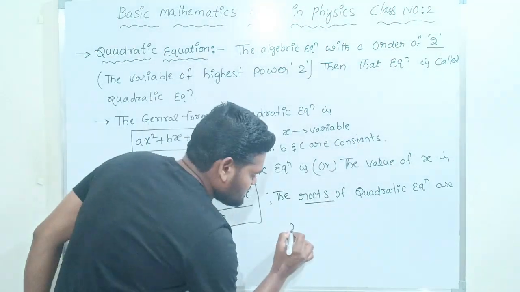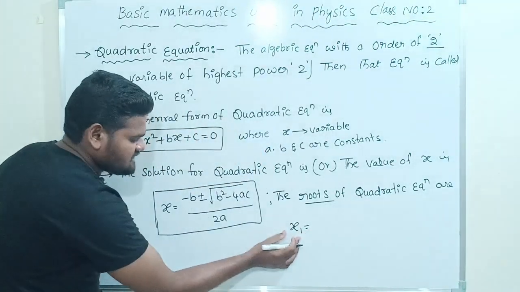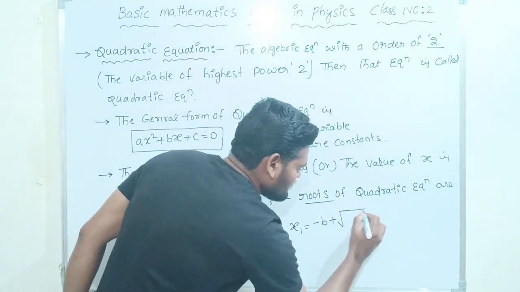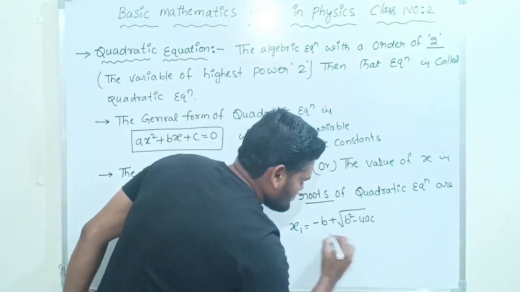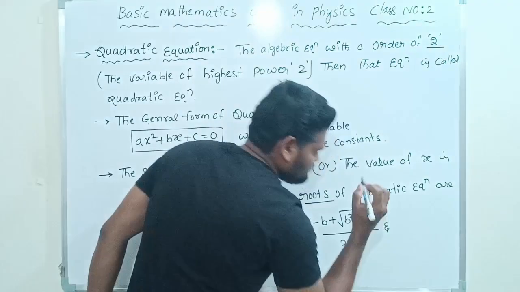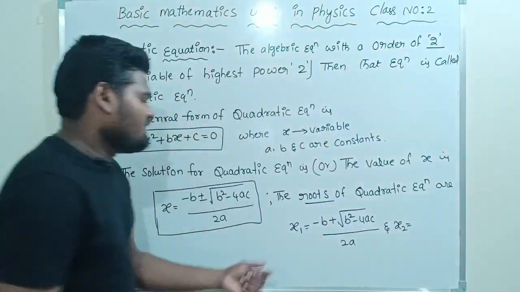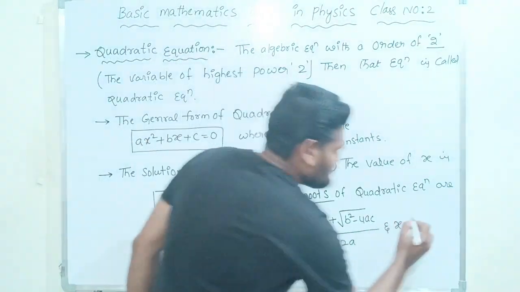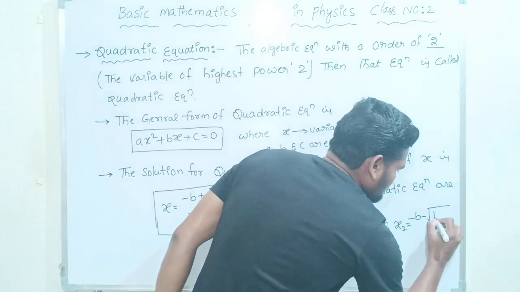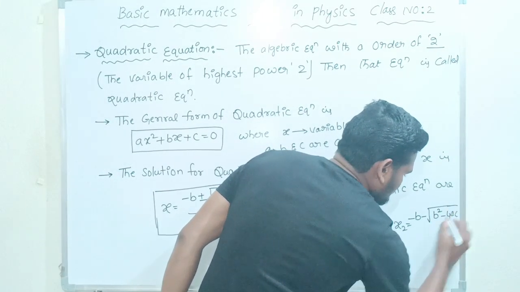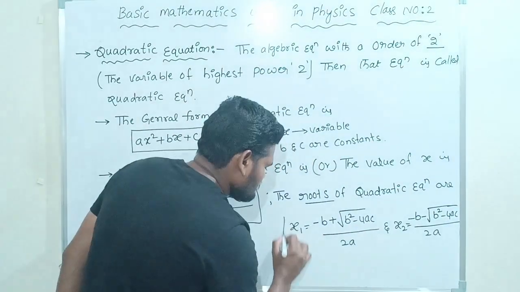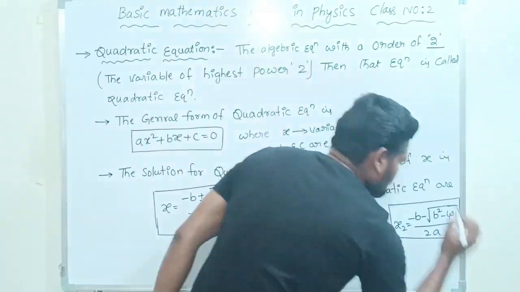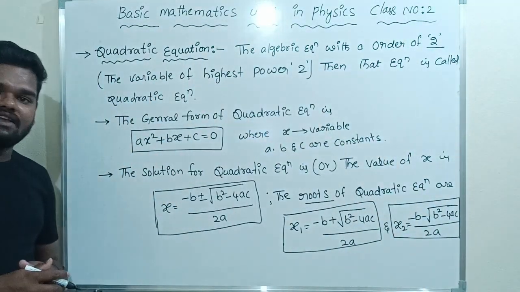That means we can write the roots of the quadratic equation as x1 is equal to minus b plus under root of b square minus 4ac by 2a, and x2 is equal to minus b minus under root of b square minus 4ac by 2a. So this is the value of x1, and this is the value of x2. These are also called roots of the quadratic equation.